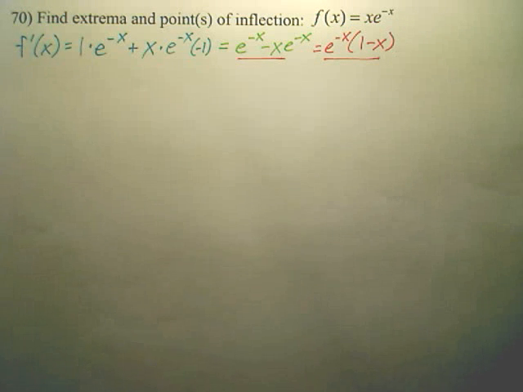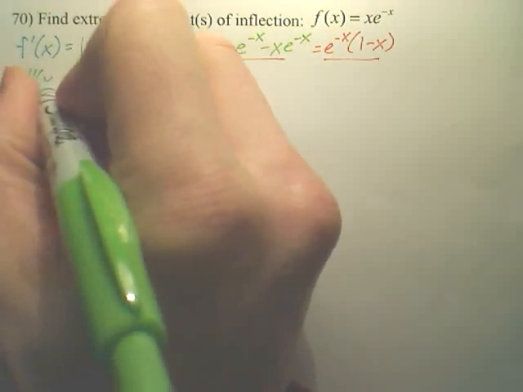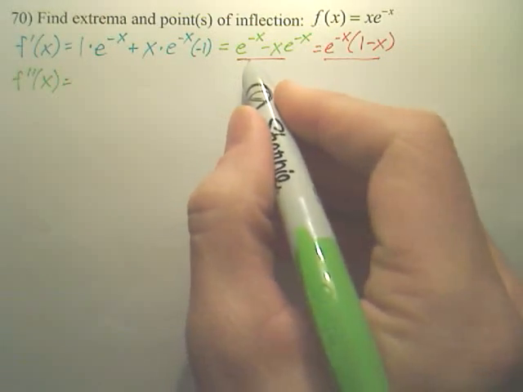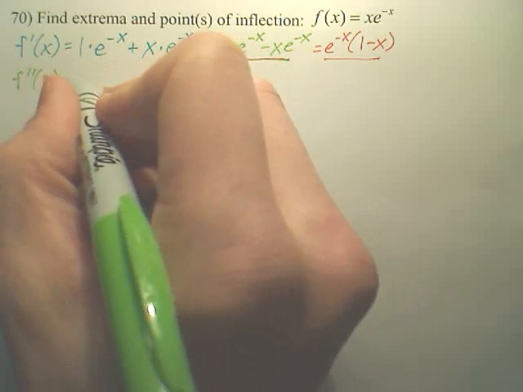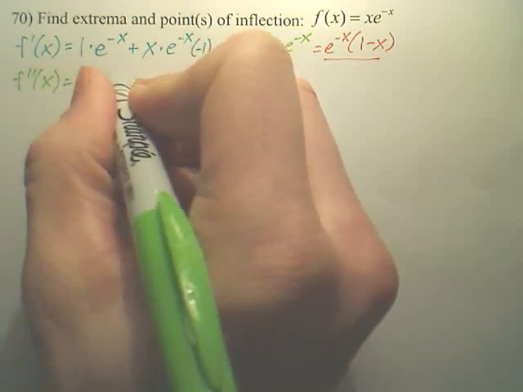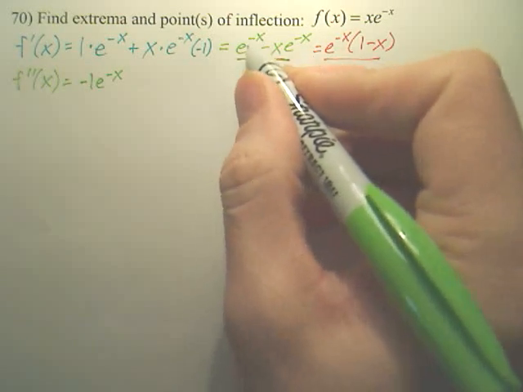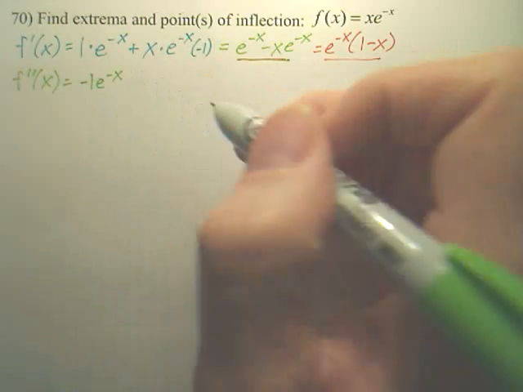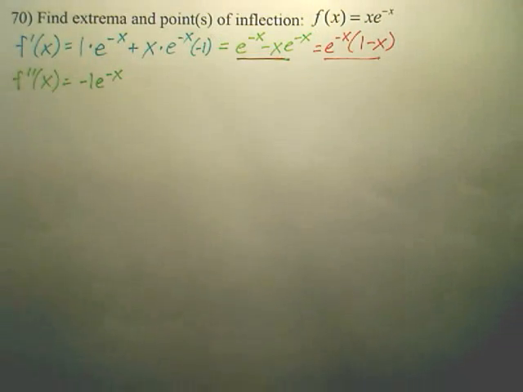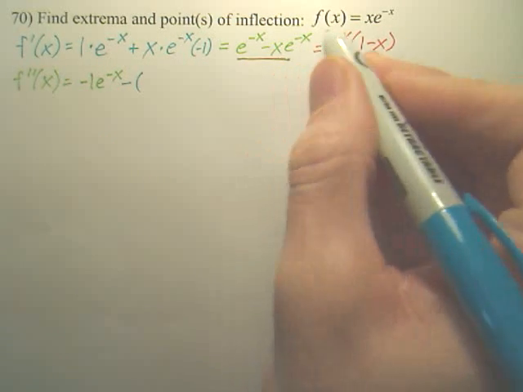Now let's just do my second derivative right away before we even deal with extremas or points of inflections. So my second derivative, I'm going to focus in on this one right here. E to the negative x by itself will become negative 1 e to the negative x, because again, you derive this one and then derive the exponent. And when you derive this, minus, well, didn't we just derive this earlier?